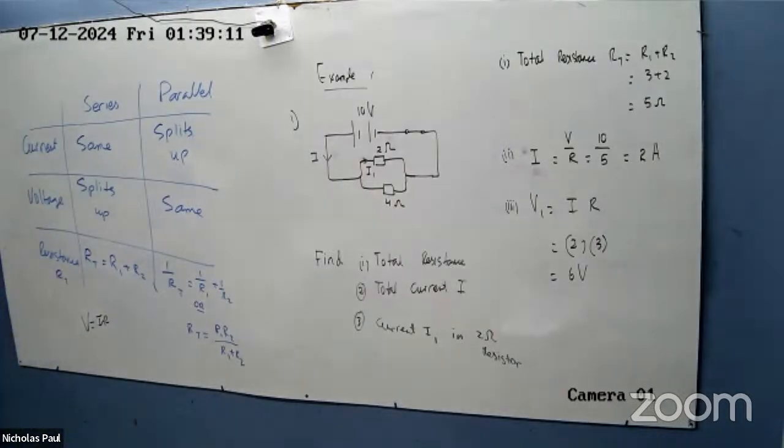Try that then. Find the total current in the whole circuit, total resistance, and the current I1.